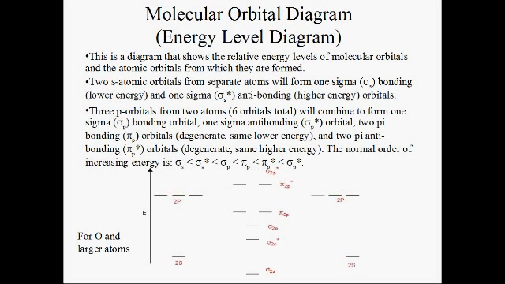We can have charges on them, negative charges, positive charges. So using the number of electrons that the two atoms have, we're going to fill these molecular orbitals from lowest energy to highest energy using the same rules for filling. So we're going to fill the equal energy ones with parallel spin single electrons before we pair them up. And then after we fill them with available electrons, we can determine the bond order and whether the molecule is paramagnetic or diamagnetic.